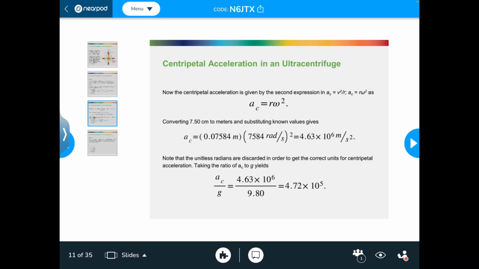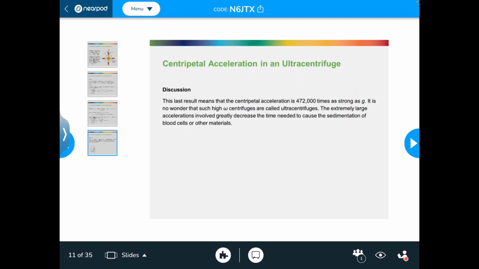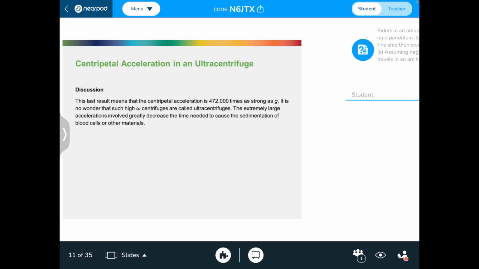They got 4.63 times 10 to the 6. We said 4.62. And then, again, off by a hundredth in the scientific notation forms. And that's not too shabby. So it spins very, very fast. 472,000 times gravity.